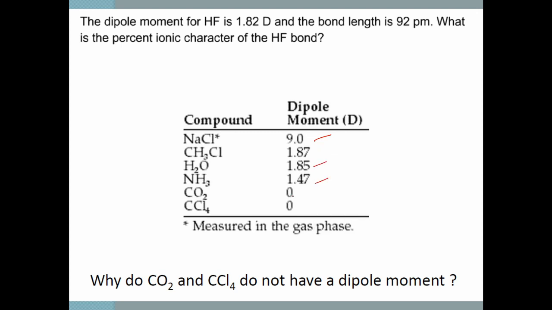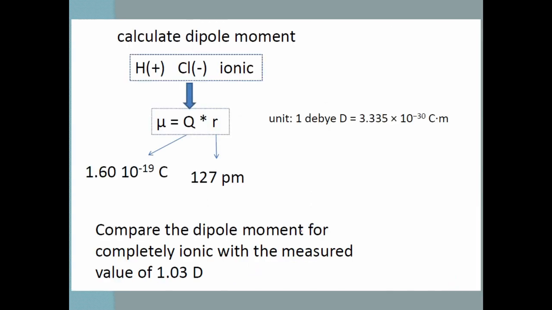Then you have NH3, and there is zero dipole moment for O2 and CCl4. The answer for this lies in that CO2 and CCl4 are symmetric in nature, and therefore they don't possess any dipole moment.